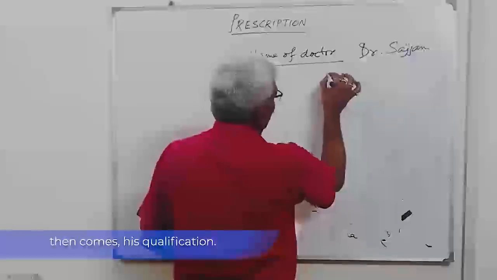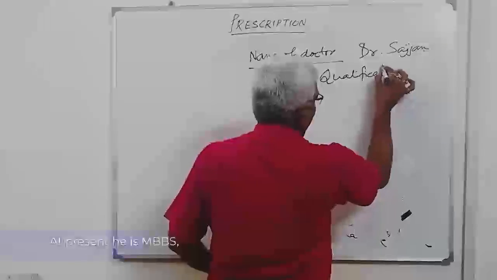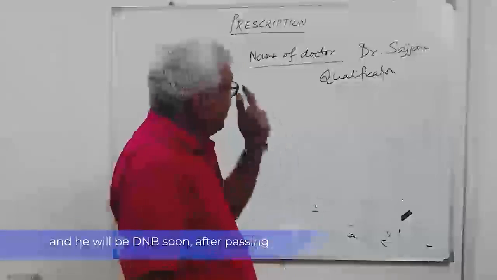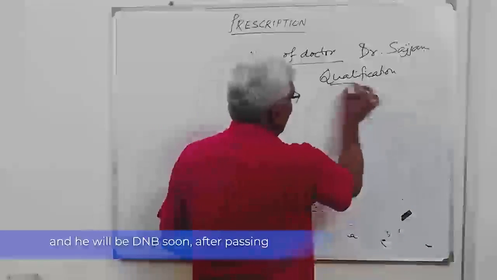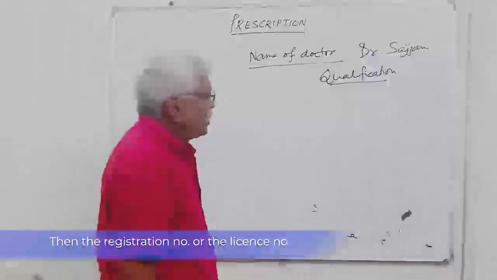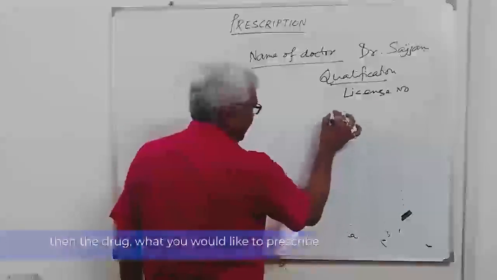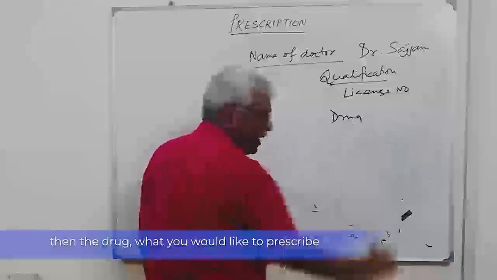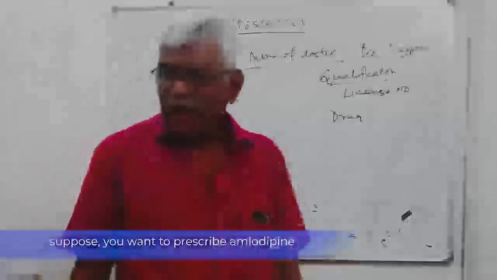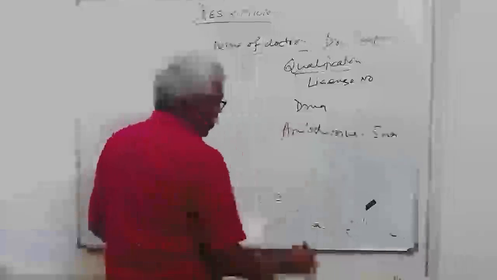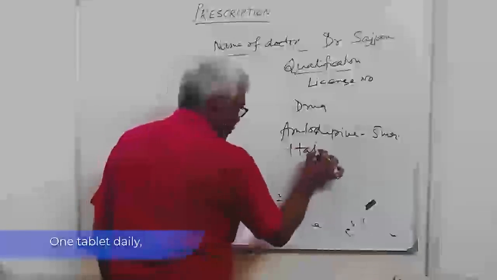Then comes his qualification. At present he is MBBS and will be DNB very soon after passing. Then his registration number or license number. Then the different drugs you would like to prescribe. Suppose he wants to prescribe amlodipine: amlodipine 5 milligram, 1 tablet daily.